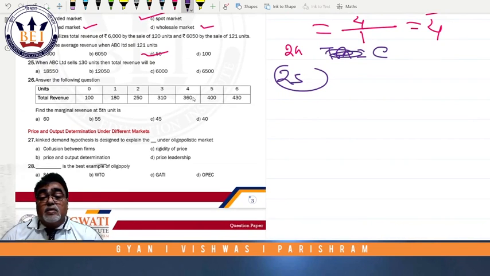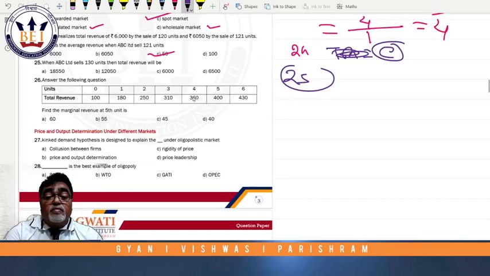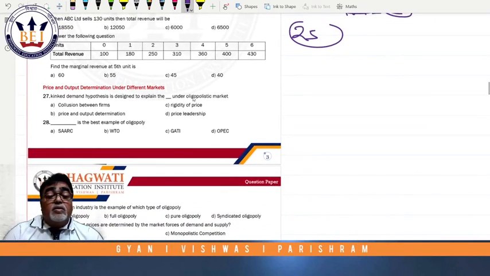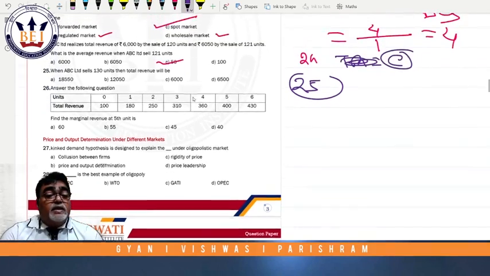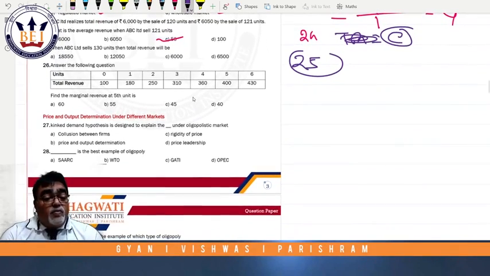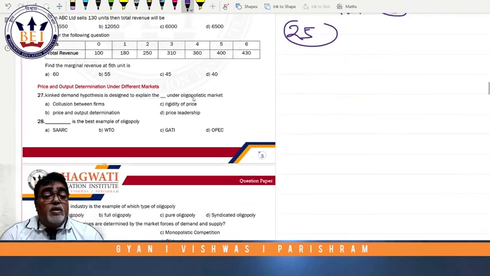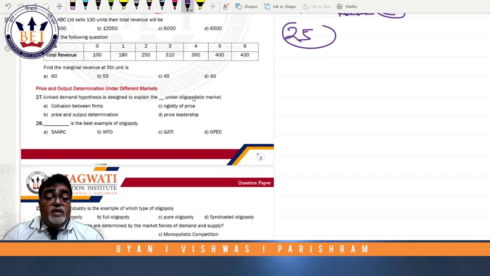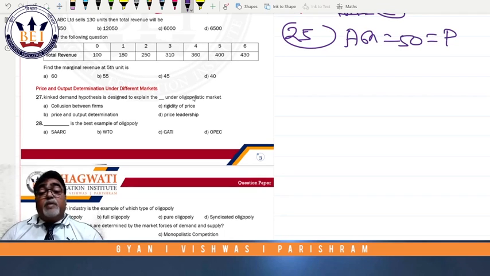Chennai, explanation I have already given. 25 now. When ABC Limited sells 130 units, total revenue, one should not be confused. Well, they should have written this. It is on the basis of 24 and 25, but still, the company name is the same, so we have already found out average revenue as 50. My dear students, average revenue is nothing but price.